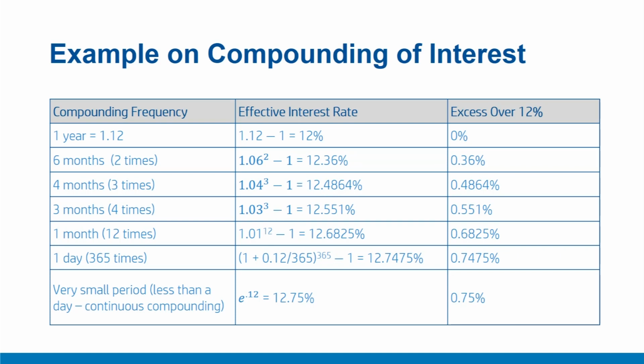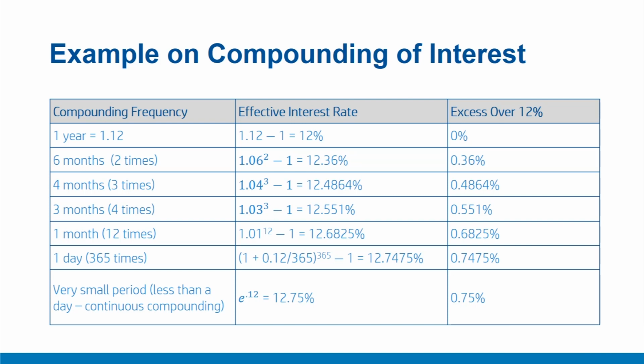As we keep on doing this, let's say we compound it each day, 365 times a year, then your effective interest rate is (1 + 0.12/365) raised to the power 365 minus 1, which is 12.7475%, an excess over 12% of 0.7475%. For extremely small periods with continuous compounding, you have e to the power 0.12, which is 12.75%, and an excess rate of 0.75%.